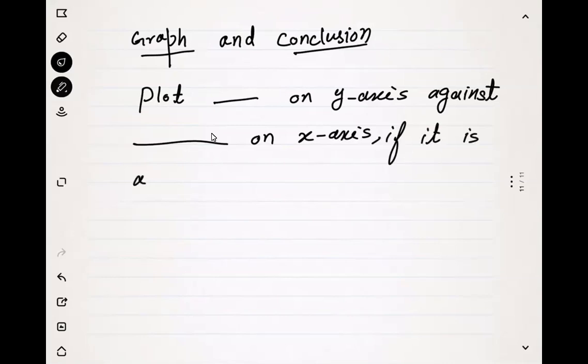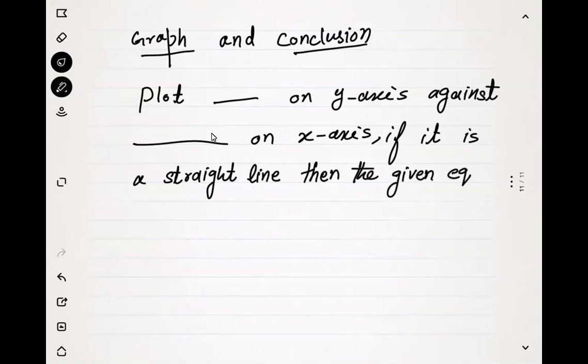If it is a straight line, then the given equation, then the given relation, never say it is correct or incorrect. If it's a straight line, then the given equation or relation is supported.